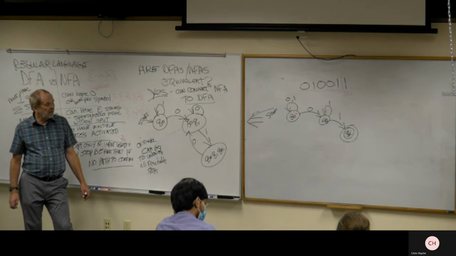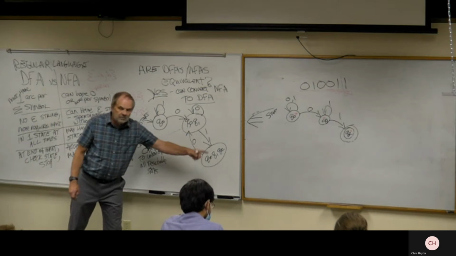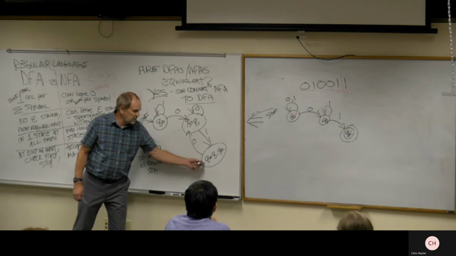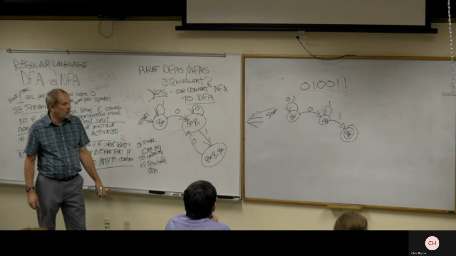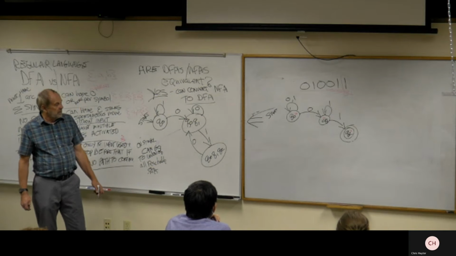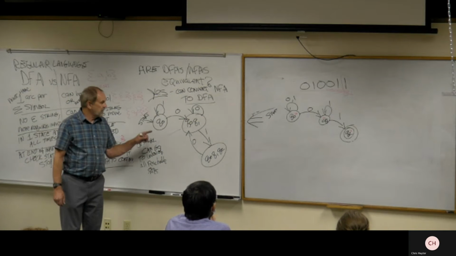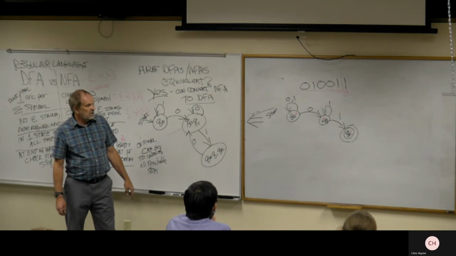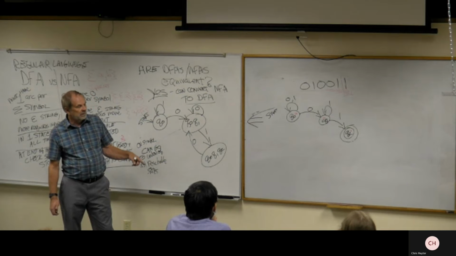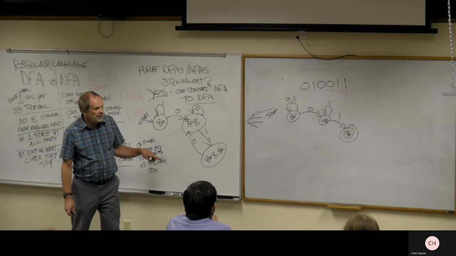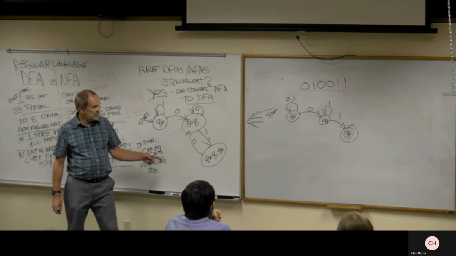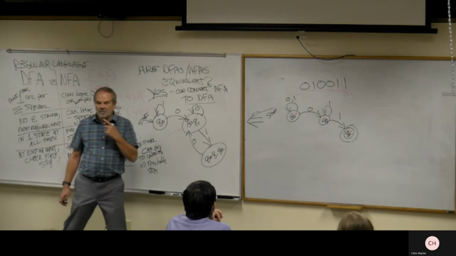Basically the Q2 path drops off. Now I need one more transition here, on a 1. Q0 on a 1 takes me to just Q0. Q1 on a 1 takes me to Q1 and Q2. Q2 on a 1 takes me nowhere. So where should a 1 take me here?